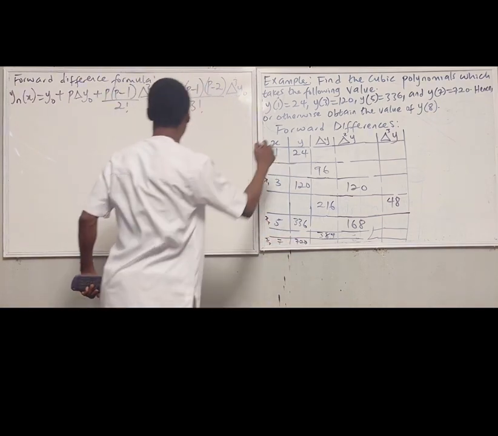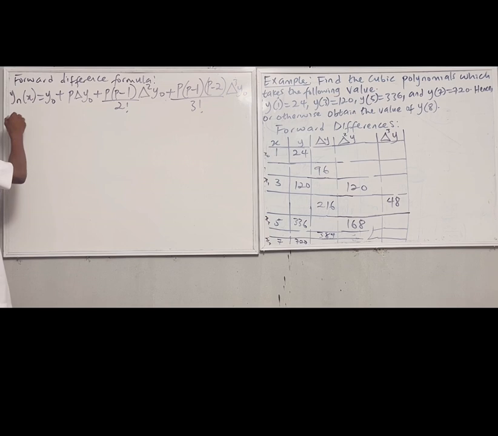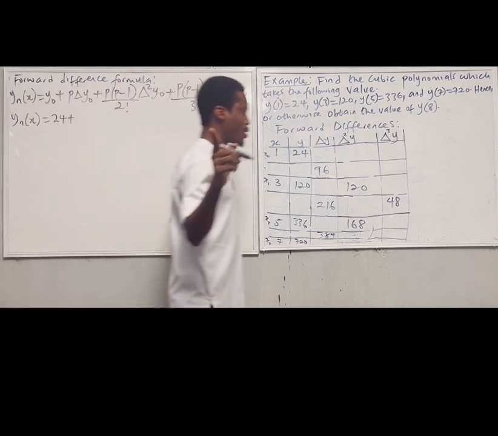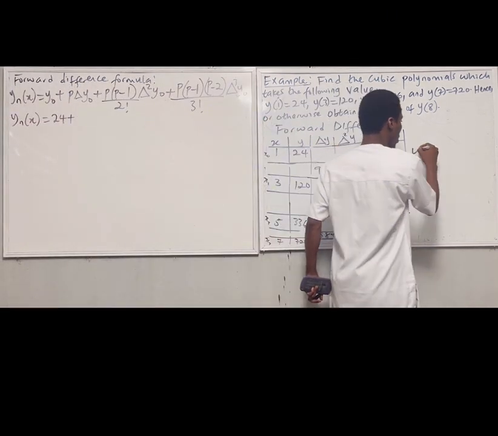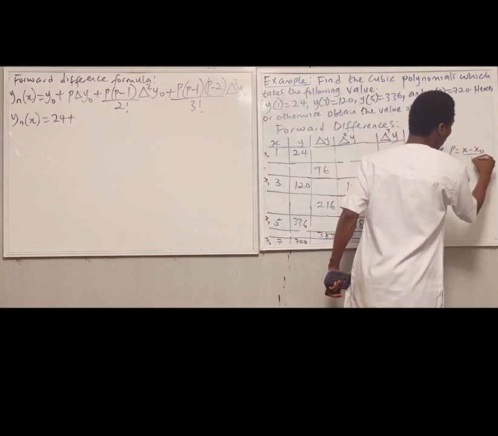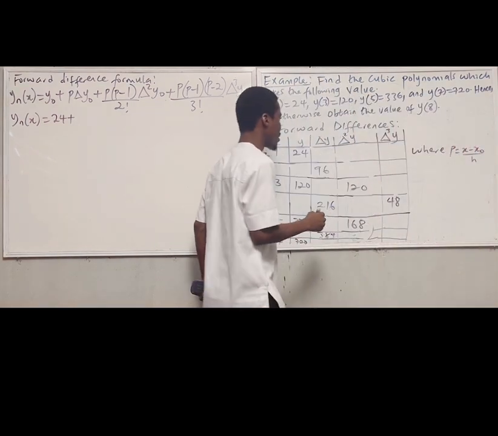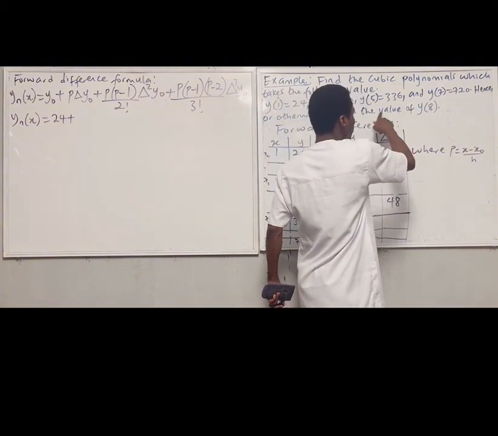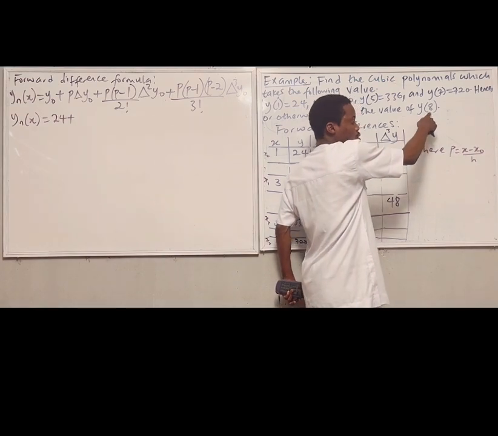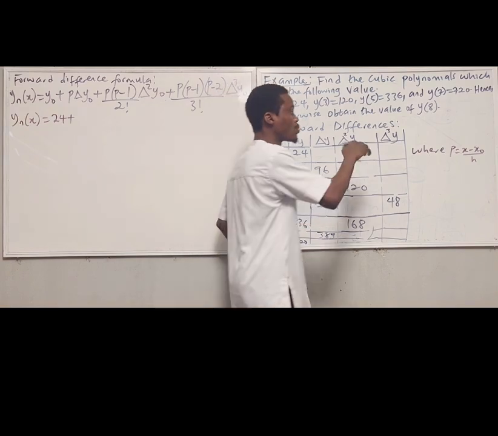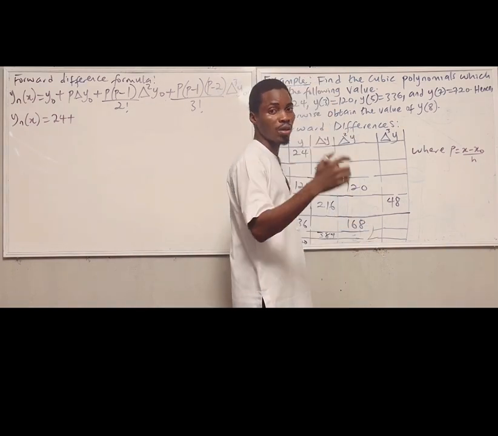My y naught here is 24. So yn of x is equal to 24 plus p, where p is x minus x naught all over h. My x is 8, and x naught is 1, so 8 minus 1 is 7.